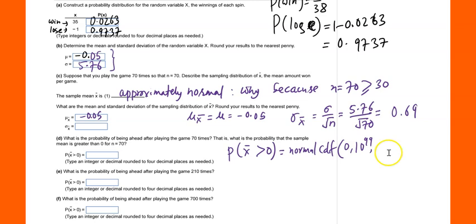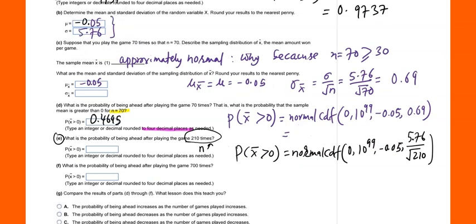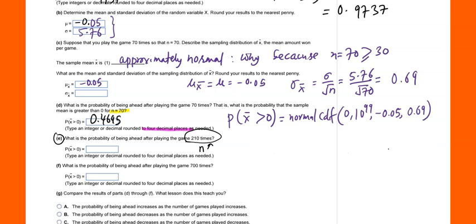The mean here is negative 0.05, and the standard deviation is 0.69. We use that in the calculator, rounded to 4 decimal places. You get the probability 0.4711.